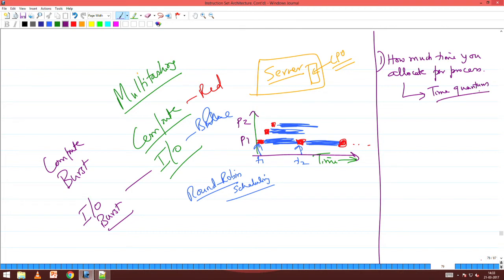This time quantum is decided based on the average CPU burst across all programs. If I keep on interrupting, give something, stop, then give, stop, then nobody will do any constructive work. I will be spending more time in swapping processes in and out. So fixing the time quantum is very, very important.